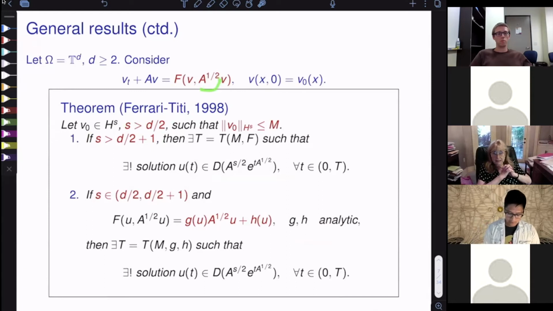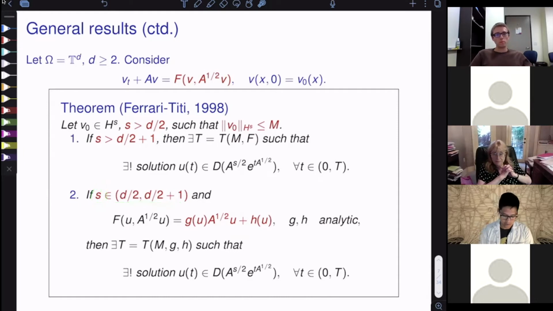And of course, the plus 1 is coming from the derivative you lose from the nonlinear term. On the other hand, if you assume some additional structure on the function F, so if for instance F is this affine function, then you can lower the regularity class that you work in.